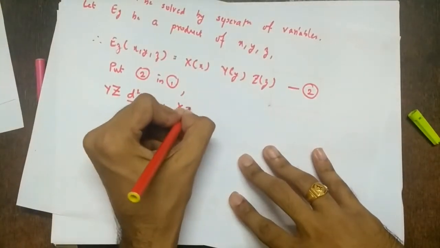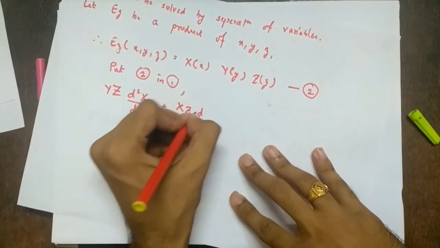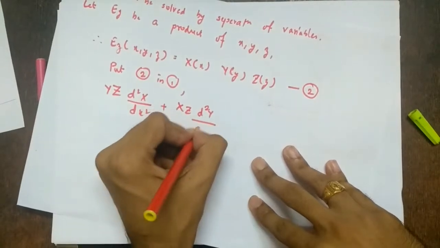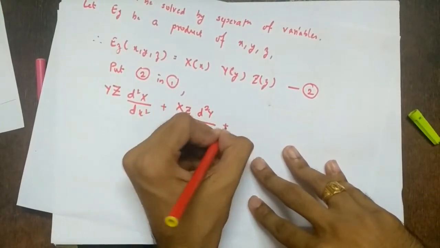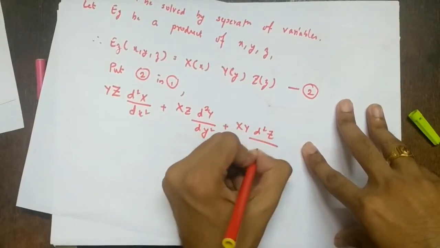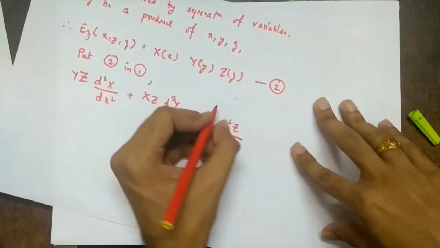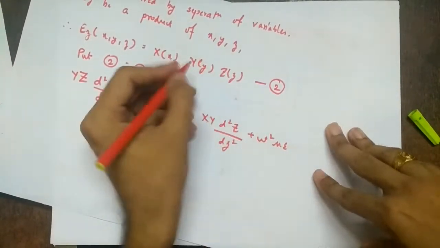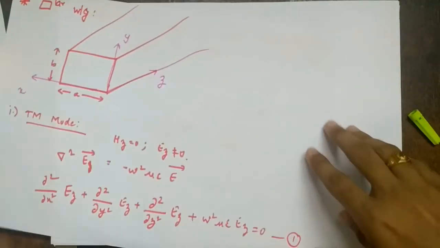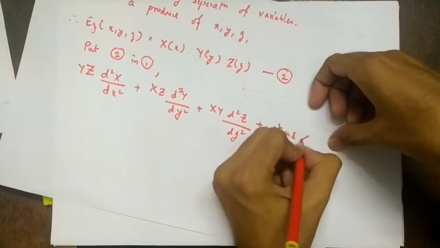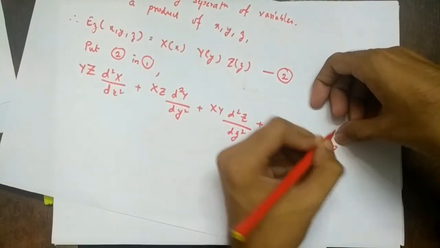So plus XZ d square Y by dy square plus XY d square Z by dz square plus omega square mu epsilon Ez. What is Ez? Again XYZ. So plus omega square mu epsilon XYZ equal to 0.